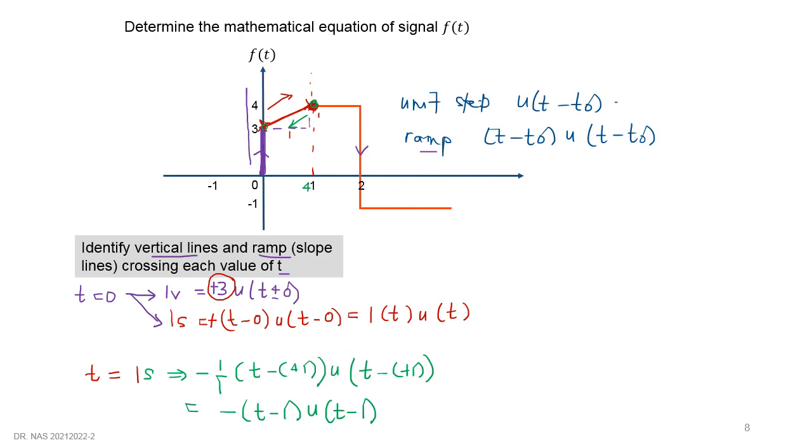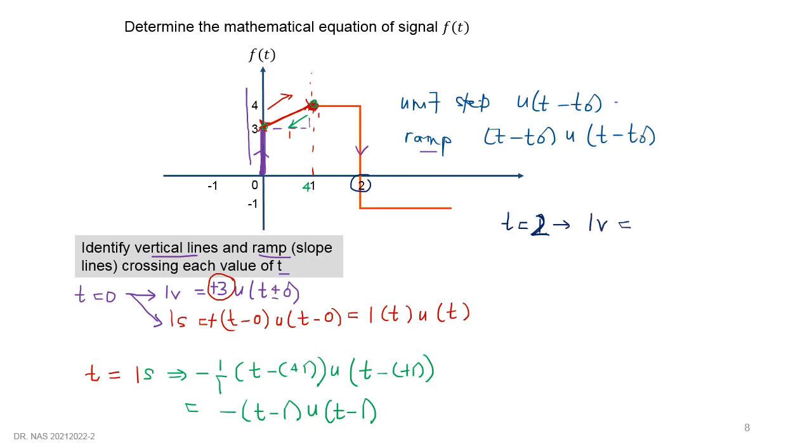Next, t equal to 2. How many lines are connected to this t? You only have one vertical line.